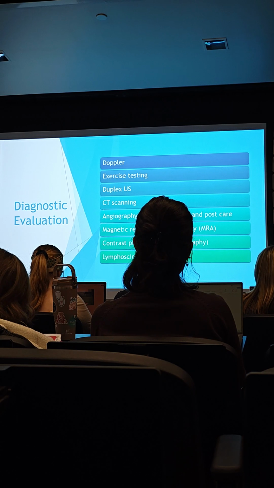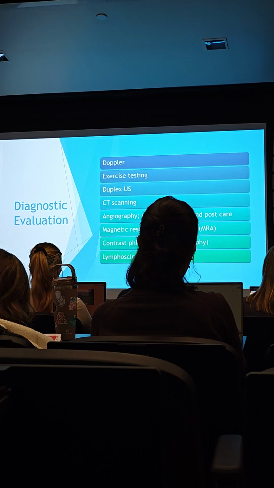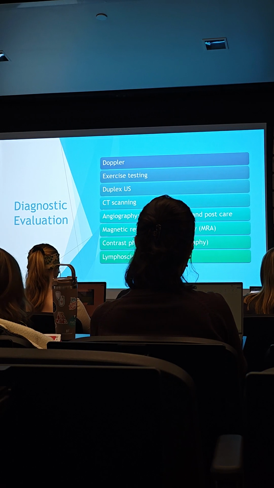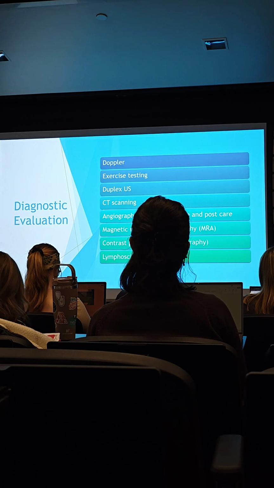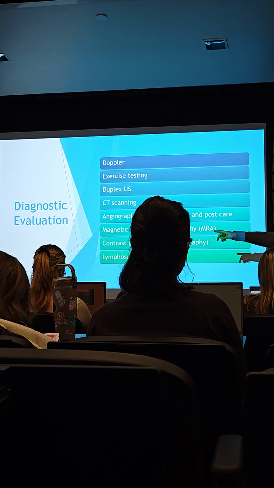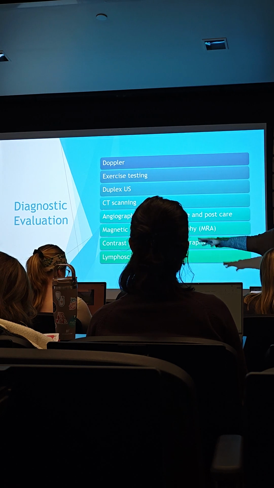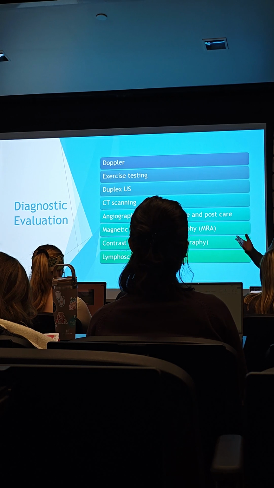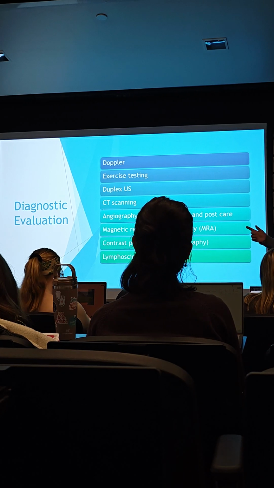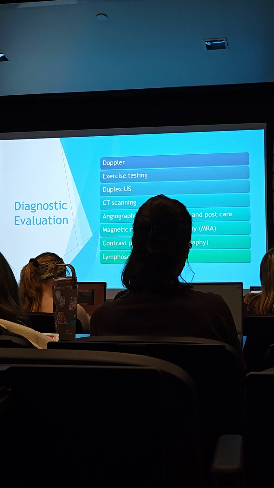Exercise testing. This is for patients with peripheral arterial disease. You can put them on a treadmill and see how far they can walk, or we might just do it on the unit, because they usually can't walk very far. We map out the number of feet where they're having this test done, and you have them walk back and forth.